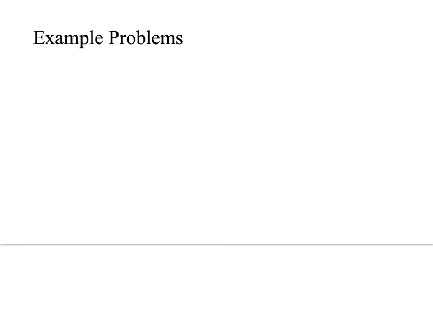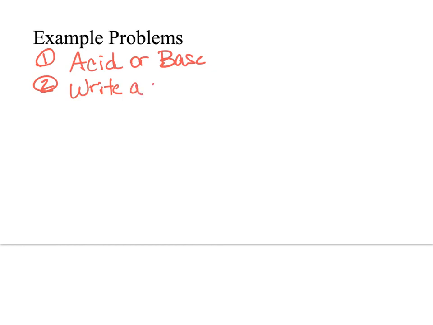Lastly, in section 1, we're going to look at 4 compounds and classify them as, first, an acid or a base. And then number 2, we'll write a chemical reaction showing how it reacts. So we've got 4 different compounds.